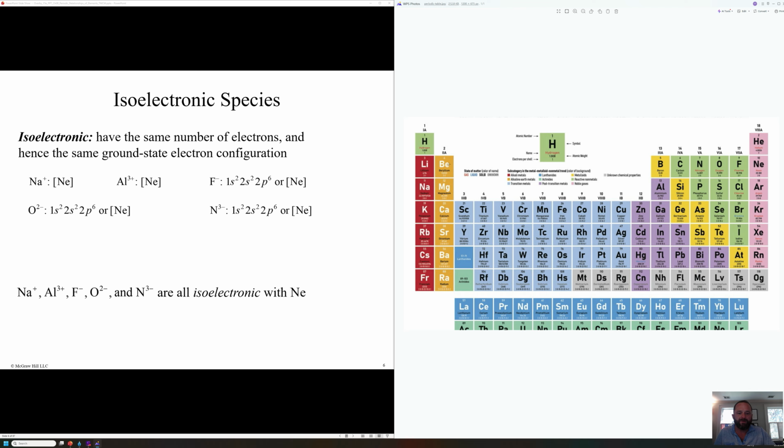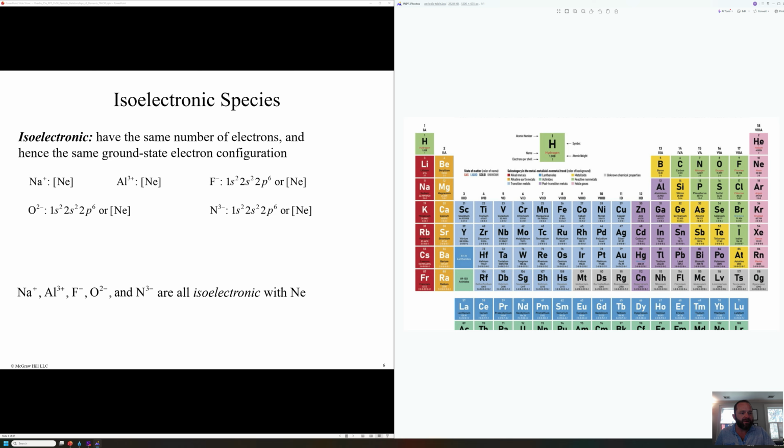Beryllium 2 plus, after losing 2 electrons, is like lithium and has the same electron configuration as helium. And same thing here: magnesium 2 plus is isoelectronic with neon. And Na 1 plus we've already covered. All right.